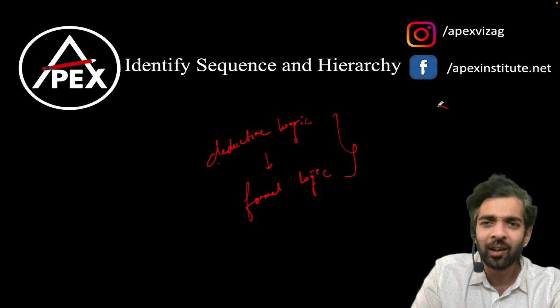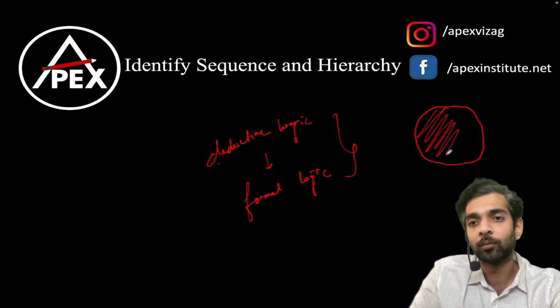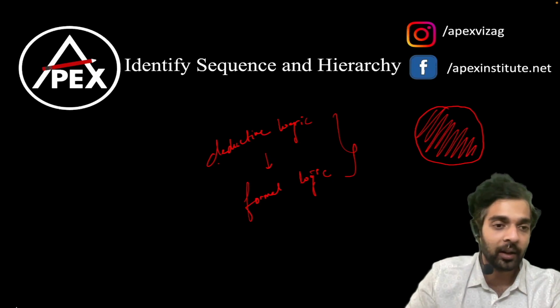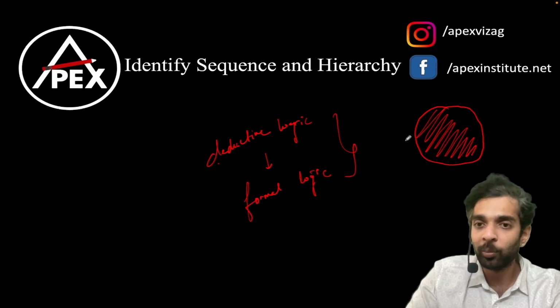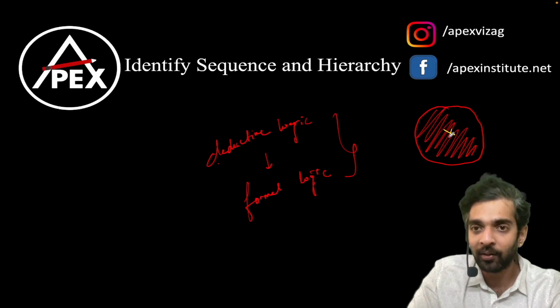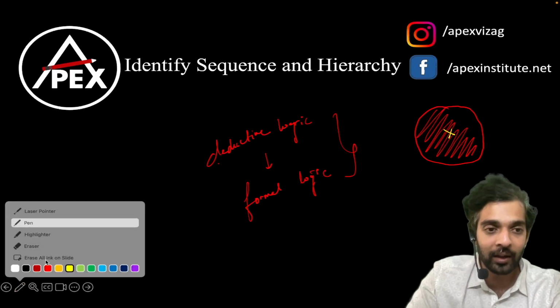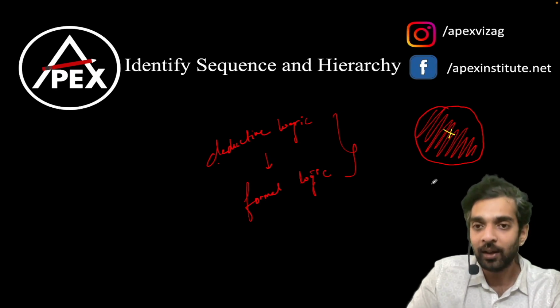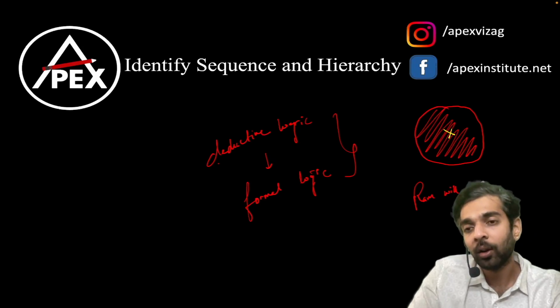Let's say that all humans will die. And then let's say that Ram is a human. So if Ram is a human, he's in this circle. So from these two things, I can definitely tell that yes, Ram will die.